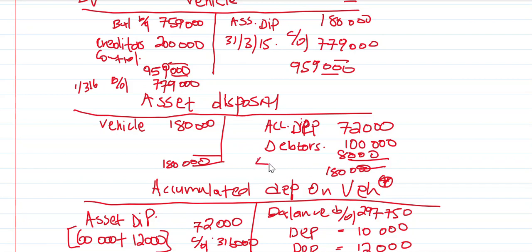This is a loss. So why it's a loss? It's because it's on the credit side. So if it was on the debit side, it's gonna be a profit to our balancing figure. So if debit, it's a profit. If credit, it's a loss.